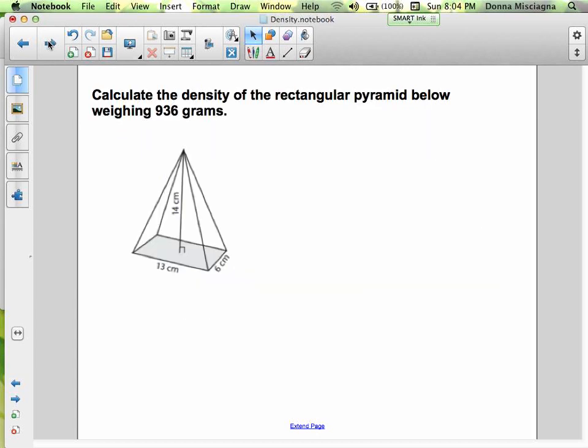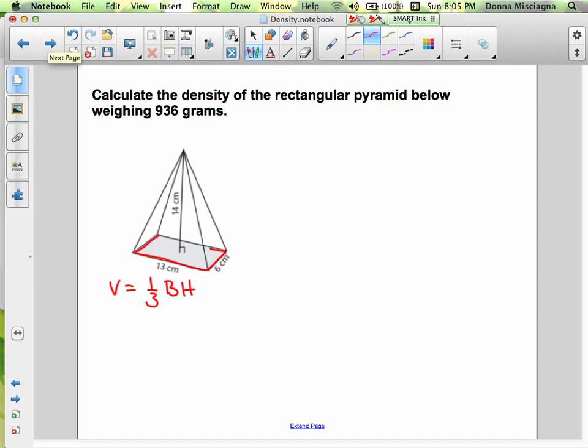All right, let's try the next one. Calculate the density of the rectangular pyramid below that weighs 936 grams. So first, let's find the volume. The formula for volume of a pyramid is one third the area of the base times the height. The base is the rectangle there.